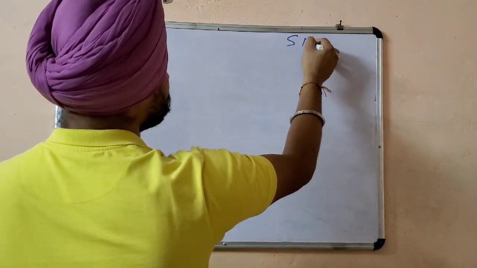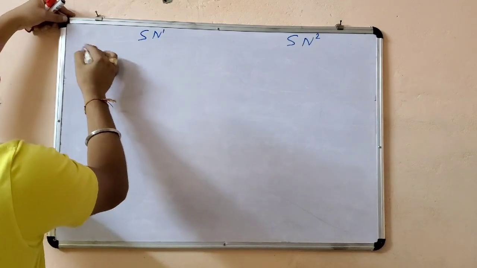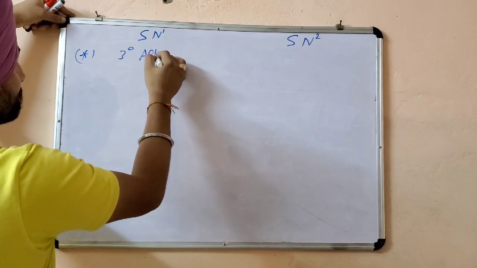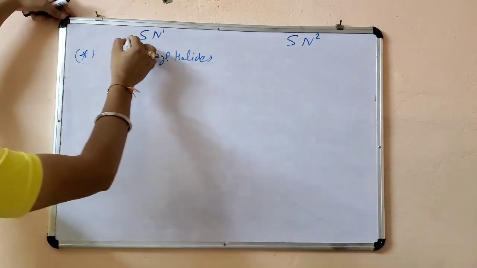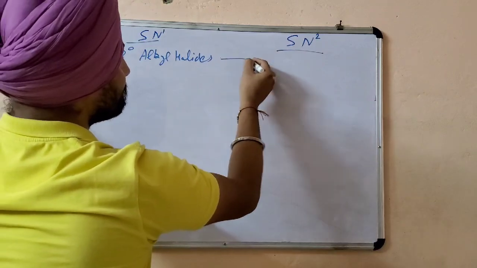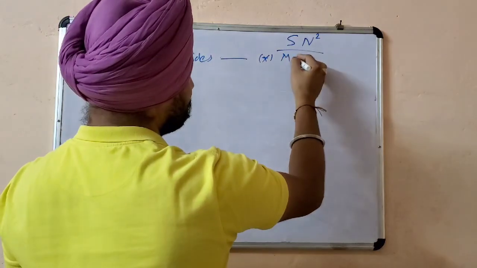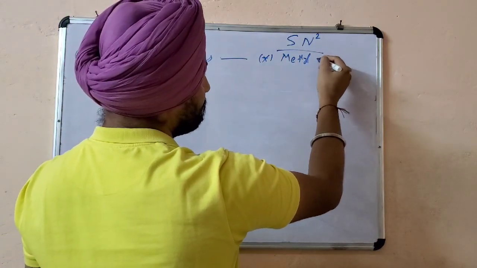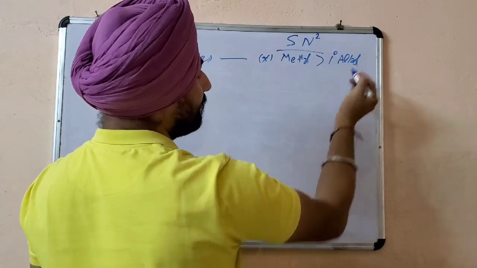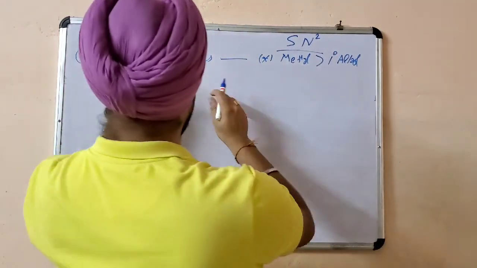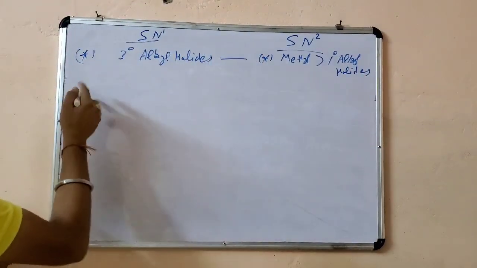First of all, the SN1 mechanism takes place in tertiary alkyl halides, which means steric hindrance should be there, whereas the SN2 mechanism is favored by methyl, or after methyl, primary alkyl halides. This is the first point.